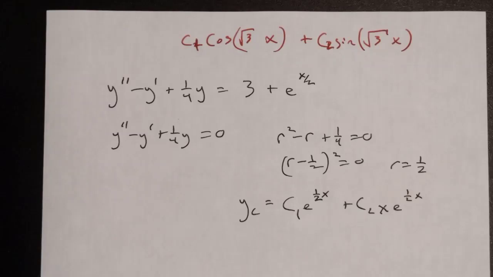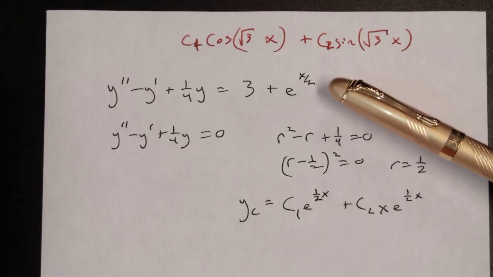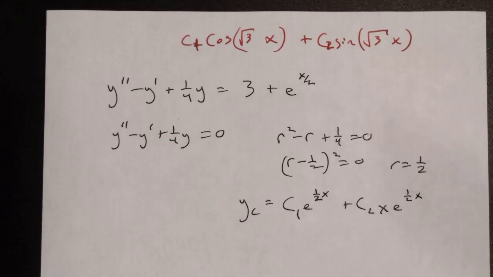Here's the problem. This is absolutely 100% correct. Now I start to look at YP. I see an e to the 1/2 x again. I can't use another e to the 1/2 x. It's already there. It wouldn't be independent.